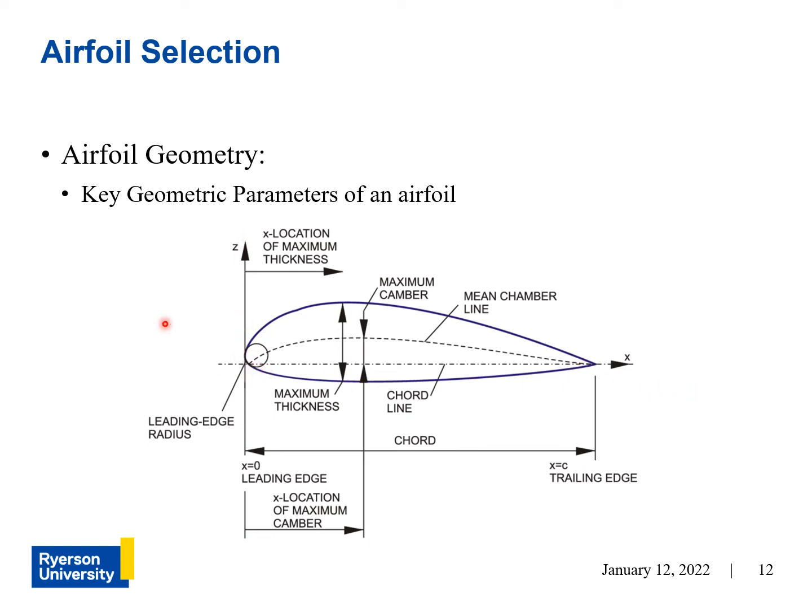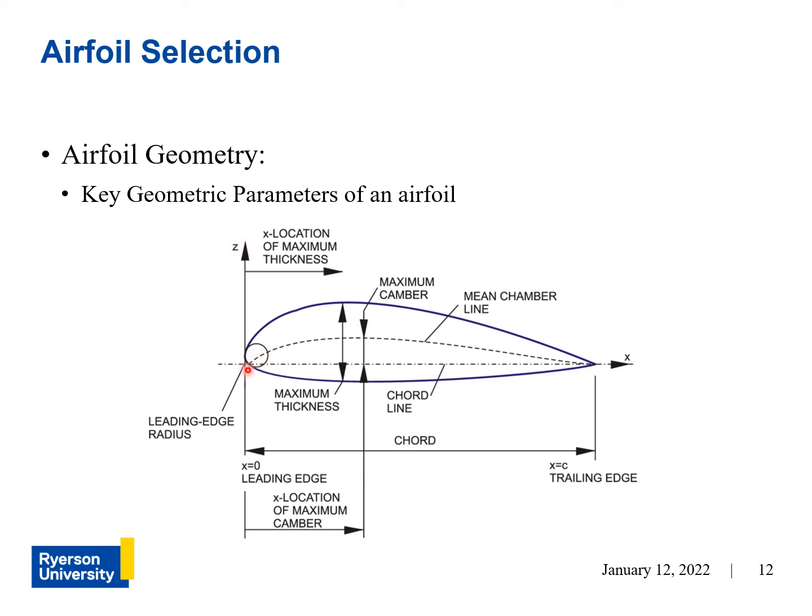On a Cartesian plane, that will be your 0, 0, where everything is going to be measured from. The chord line is just, again, the straight line from the leading edge to the trailing edge, and is taken to be the horizontal axis line of your Cartesian plane when you're plotting your airfoil, right?